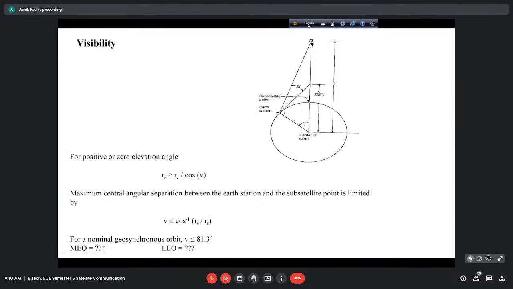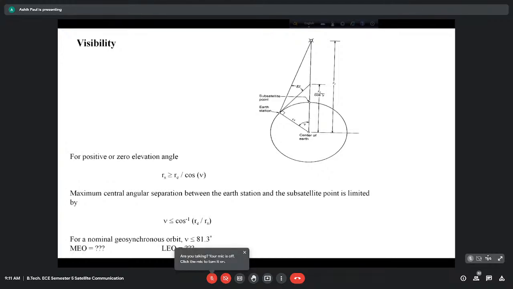This is the satellite. This angle is between the radius of the Earth and the local horizon at this point, because the local horizon is tangential to this point, so this angle is 90 degrees. And the angle of elevation is this one, that means the angle between the line joining the Earth station with the satellite and that local horizon, the elevation angle.